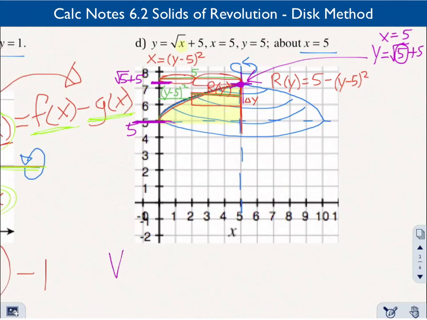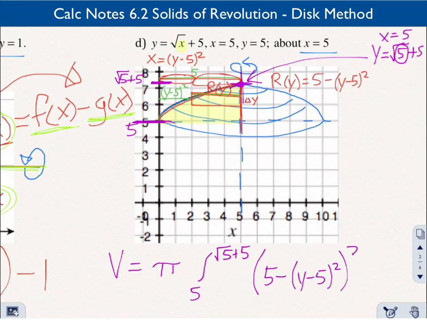So finding our volume, we have pi times the definite integral from 5 to the square root of 5 plus 5 of our r of y function, which is 5 minus y minus 5 squared, and then squared, because we have pi r squared, and with respect to y.